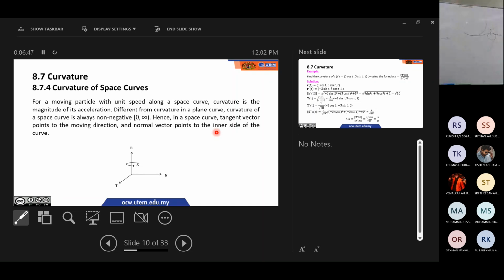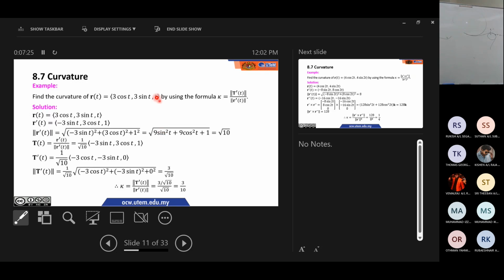That is meant by the inner side of the curve. So your normal vector will always point to the inner side. This is different from the planar curve. The planar curve can point into the circle or opposite, outside of the circle. But for the space curve, it will always point into the inner side of the curve. That's the difference between the plane curve and space curve on the curvature.